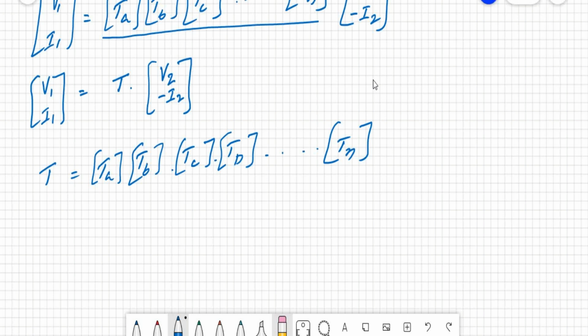The overall impedance matrix is equal to the sum of individual impedance matrices. If it is a parallel connection, here you have to consider the admittance matrix. The overall admittance matrix is equal to the sum of individual admittance matrices. Here you are going to get the ABCD matrix. So this is about your cascade connection.